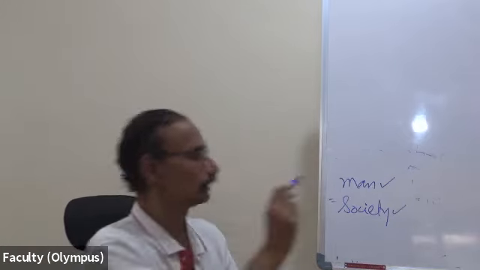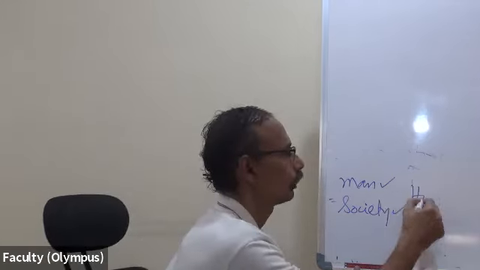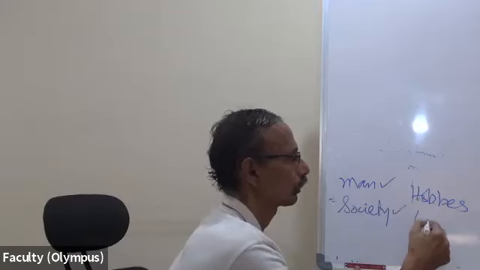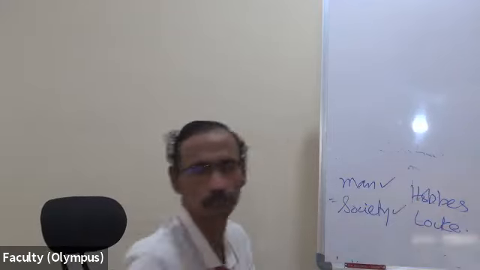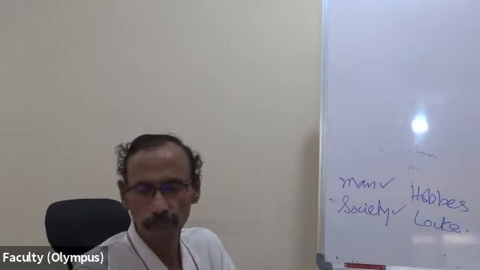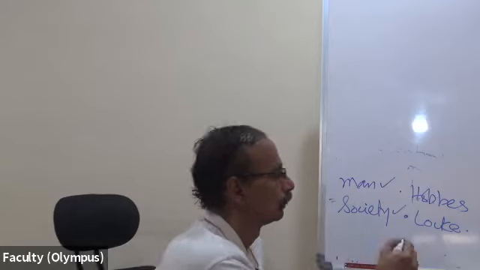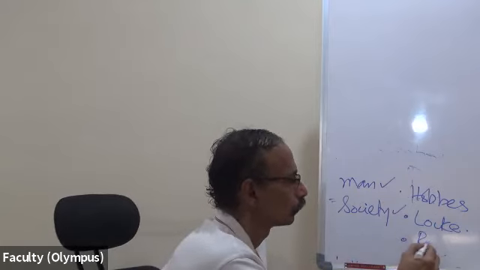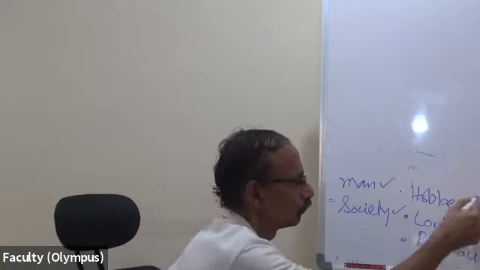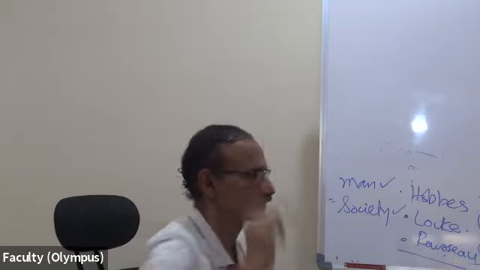Okay, here you have people like Hobbes, Locke. We did them in ethics. Hobbes, Locke, and Rousseau. These are all Enlightenment thinkers.